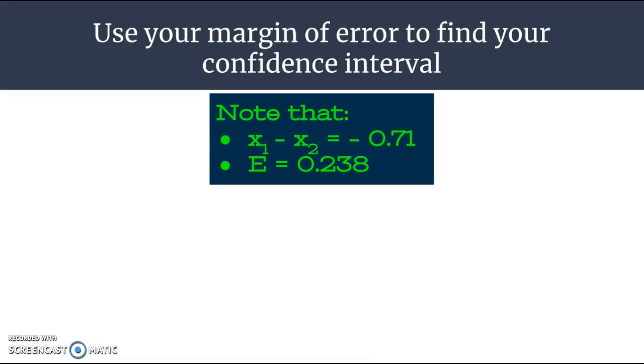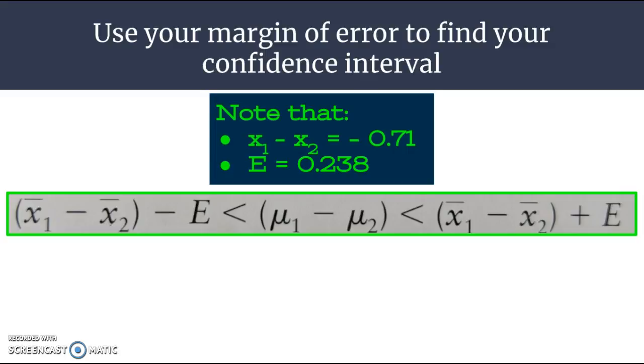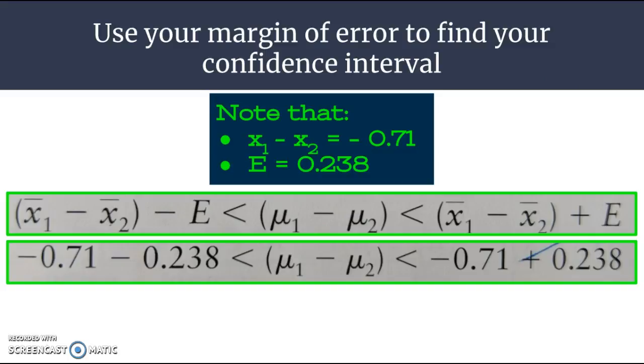Remember that my difference of the means is negative 0.71 and my margin of error is 0.238. So you're going to take your big long confidence interval and replace your x sub 1 minus x sub 2 with negative 0.71 and your capital E with 0.238. So that's how it should look.